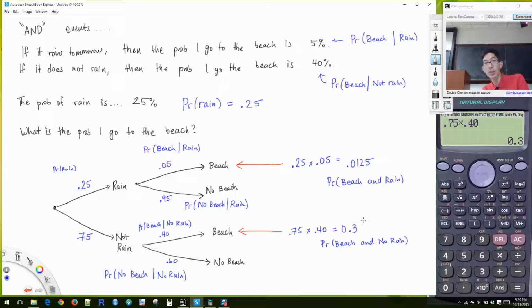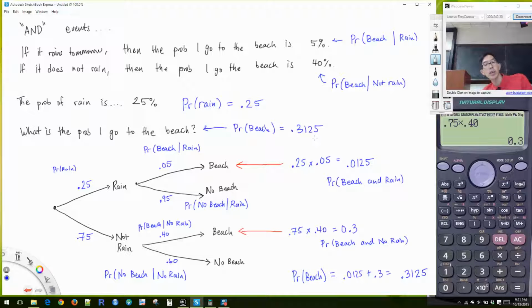I add these two together: 0.0125 plus 0.3 gives me 0.3125, and that is my answer. What's the probability I go to the beach? The probability of beach is 0.3125.